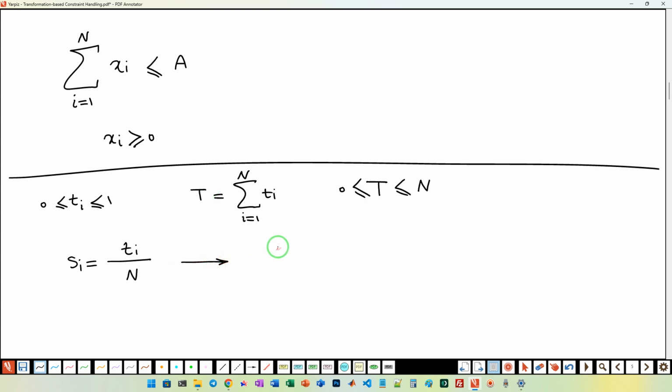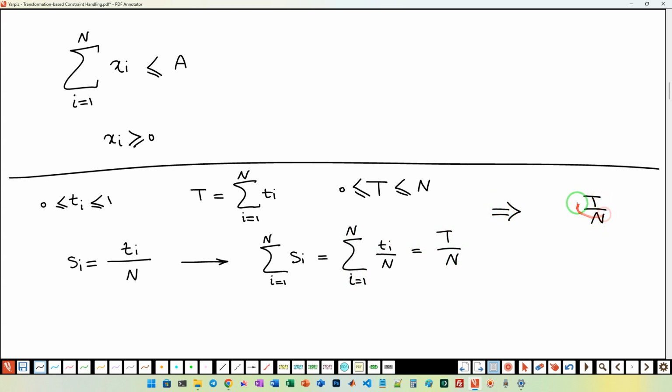And if we calculate the summation of these, then we can say that it is t divided by n, and combining these we can show that t divided by n is something between 0 and 1. So summation of these si's is between 0 and 1. Okay?